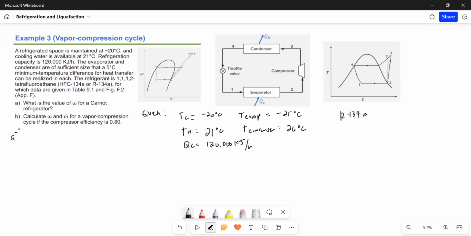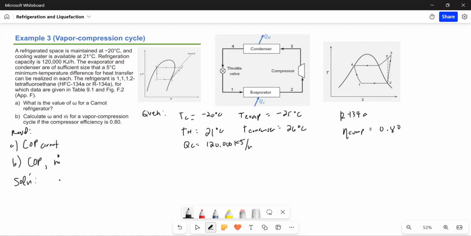We're being asked for the COP of a Carnot refrigeration cycle operating between these two temperatures, and the COP of a vapor compression cycle, and the mass flow rate of that vapor compression cycle if the compressor efficiency is 0.8. Okay, so let's solve the problem.